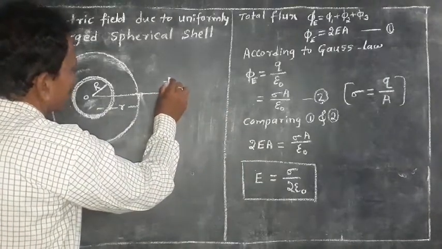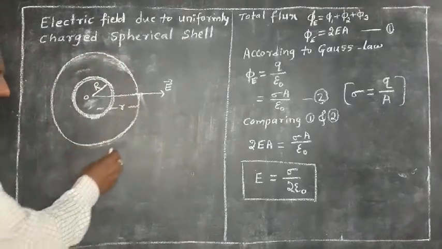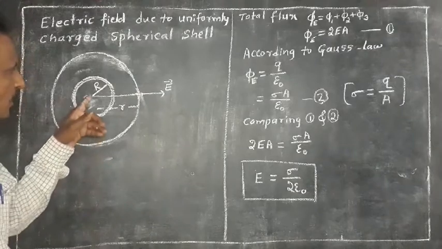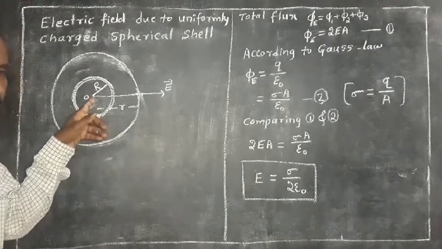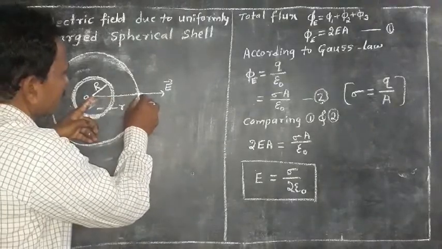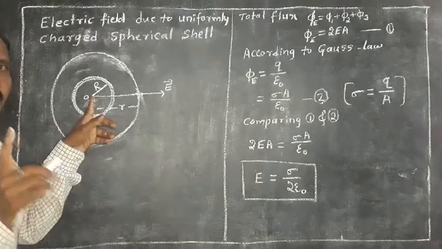Since it is a curved surface, any straight line passing through the center gives the direction of the area vector.